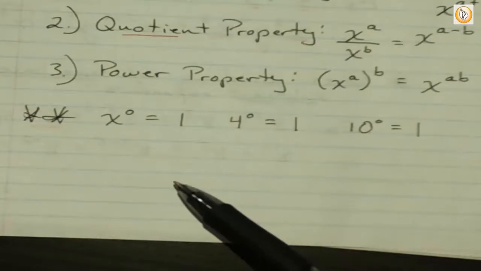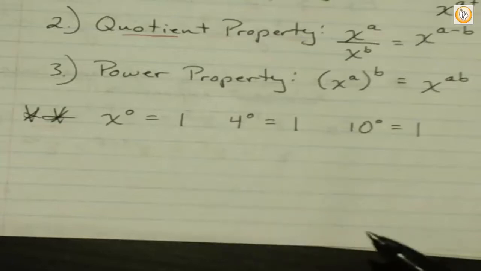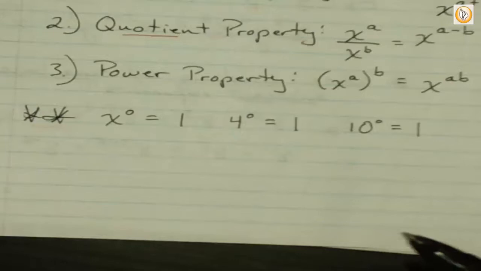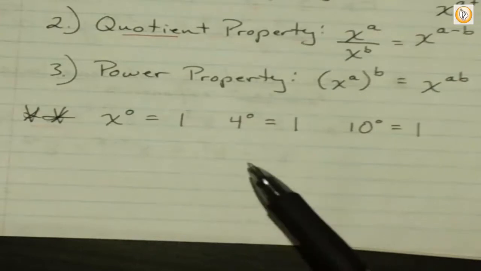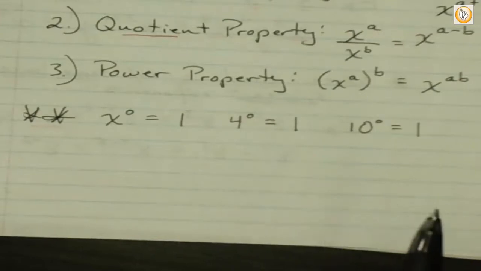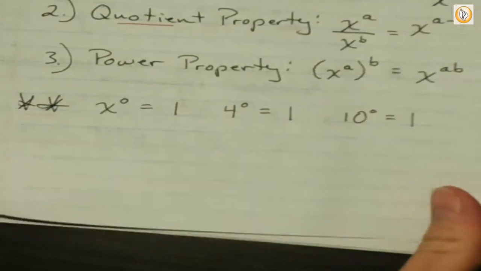Exactly. 4 degrees is 4 degrees. It doesn't mean anything. And they were mad. I'm sorry.